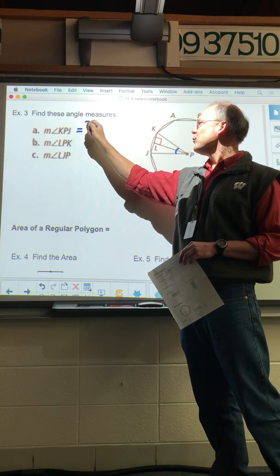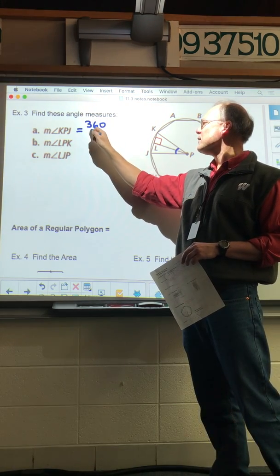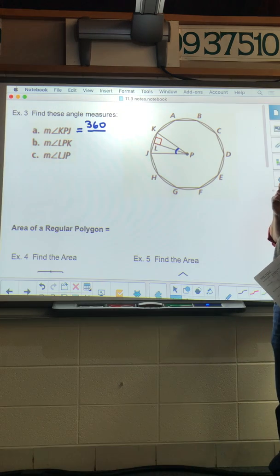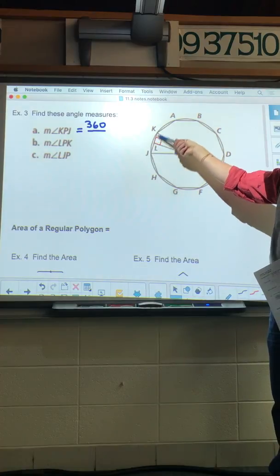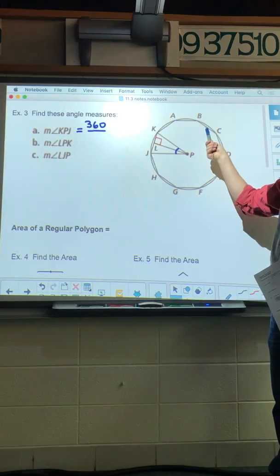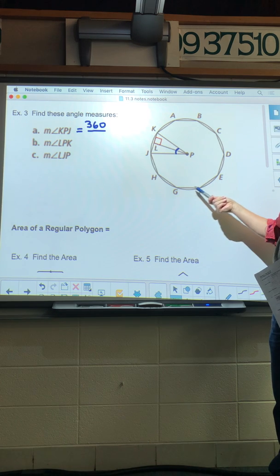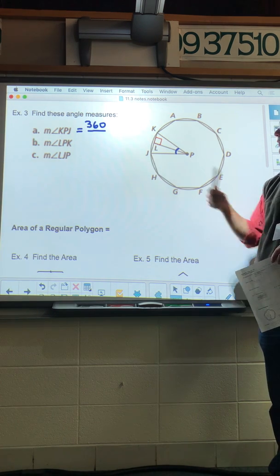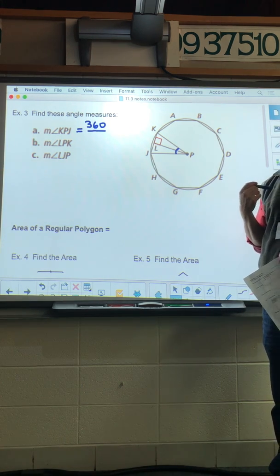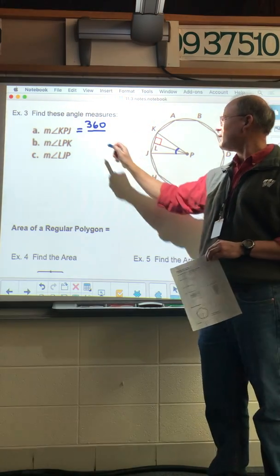So I would do 360 divided by, now we want to count up how many sides there are. 1, 2, 3, 4, 5, 6, 7, 8, 9, 10. That's a decagon, right?